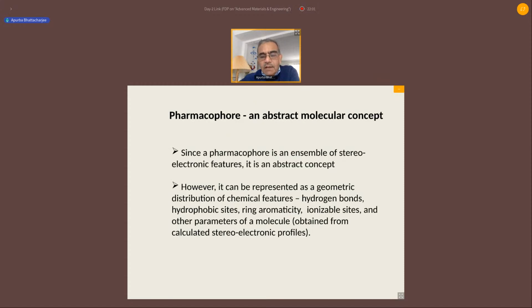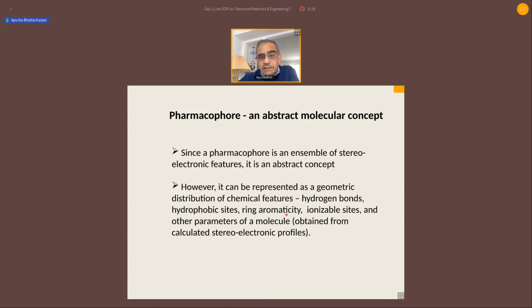The next one, so pharmacophore, although it is an abstract concept, yet it can be utilized with certain features, for example, the hydrogen bond, the hydrophobic ring aromaticity, ionizable sites, etc. You see, the ring aromaticity is an important thing that it can function in a protein structure, both as cation-pi interactions and also as anion-pi interactions. The hydrogen bonds are all weak interactions, remember.